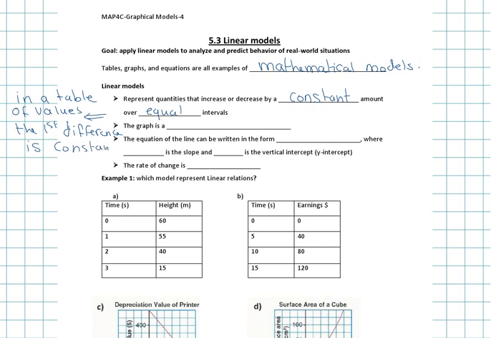So for a linear function, when you are given a table of values, right? And you do your first difference, if it's linear, your first difference is going to be constant.